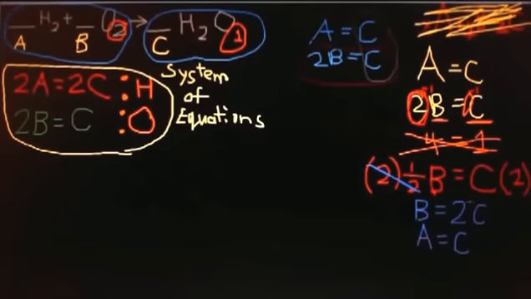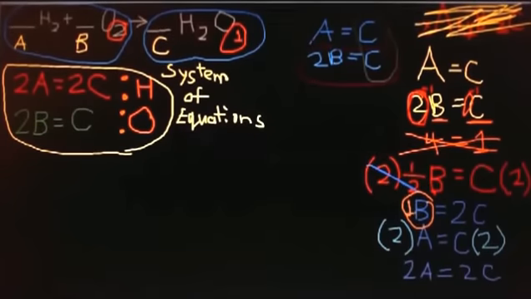Now, we want to solve both sides for a single variable, or single multiple of a variable, and we've solved here for 2c, so we have to solve here for 2c. So what we need to do is multiply by 2 on both sides. So now our equation is 2a equals 2c. And now you have a 1b there, a 2c there, and a 2a there.